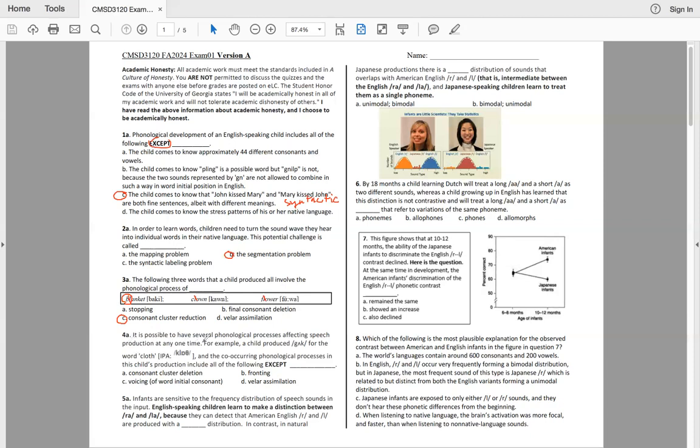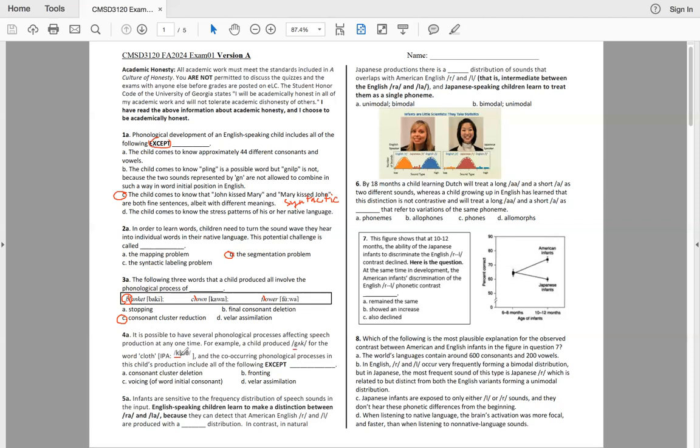For A, it is possible to have several phonological processes affecting speech production at any one time. In this particular example, the target word is "class," and the actual production is "gawk." If you compare the actual production with the target, you will notice, first of all, that in the target there is a consonant cluster, and here you have only a single consonant.